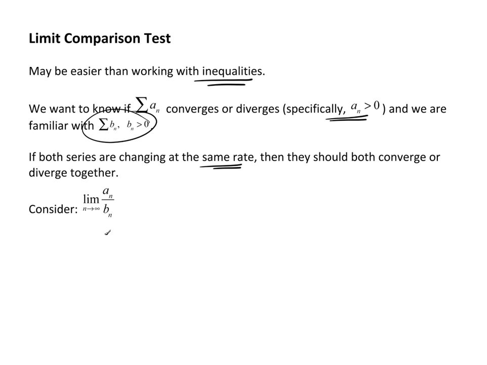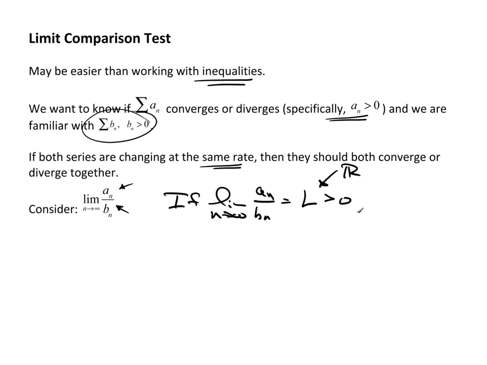So the idea here is I'm going to take a look at the limit as n goes to infinity of An over Bn. Remember, An's the guy I'm questioning. Bn is the one that I know about. So if this limit as n goes to infinity of An over Bn equals L, where L is some real number, and if it's positive, it's greater than 0. Now notice I said L is greater than 0, it's a real number.